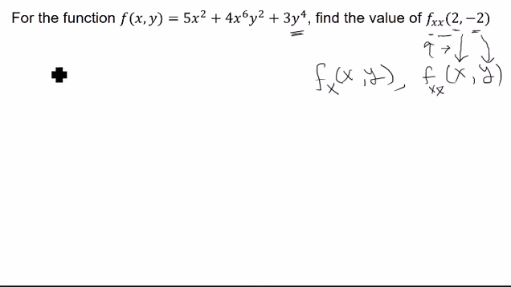Alright, so let's start with f sub x of x comma y. Now I'm going to keep x comma y as an explicit expression because eventually I'm going to have to replace x and y by their values.